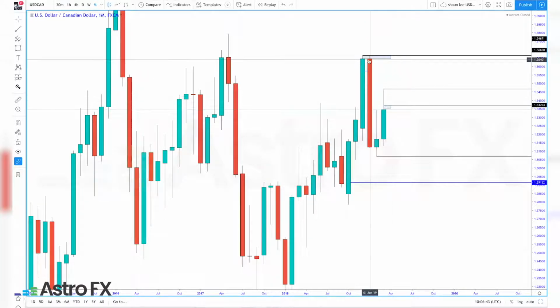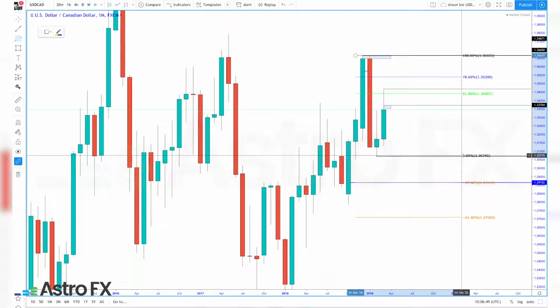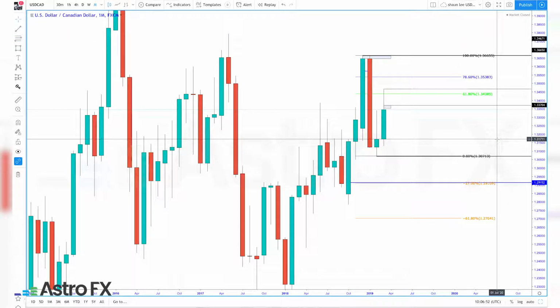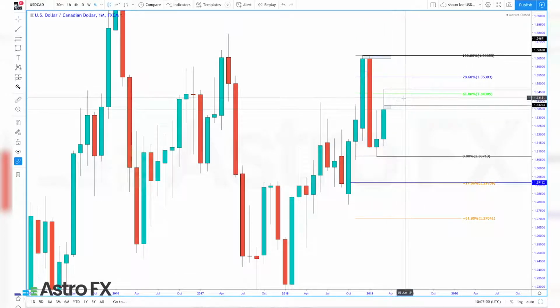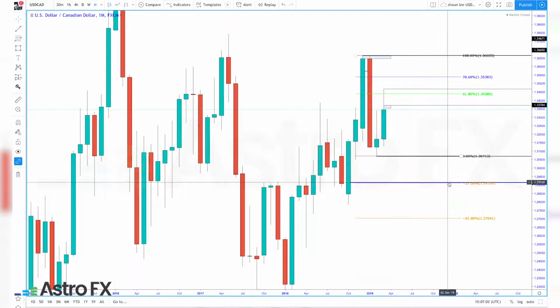If I go ahead and use the fib retracement from the high down to the low, what we can actually see there is that the price has spiked back into the 61.8, and now USD CAD on a monthly perspective may roll over to the -27, so that's target 1.